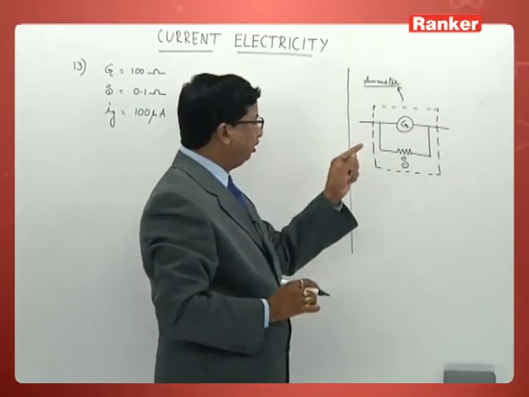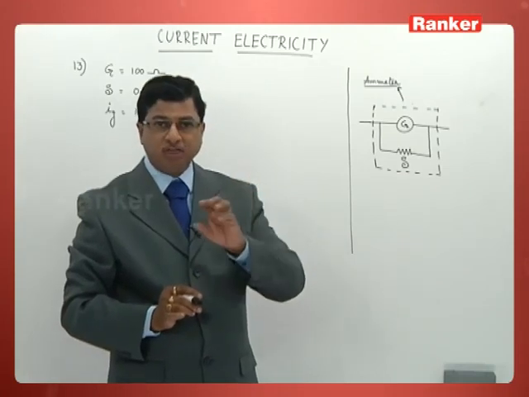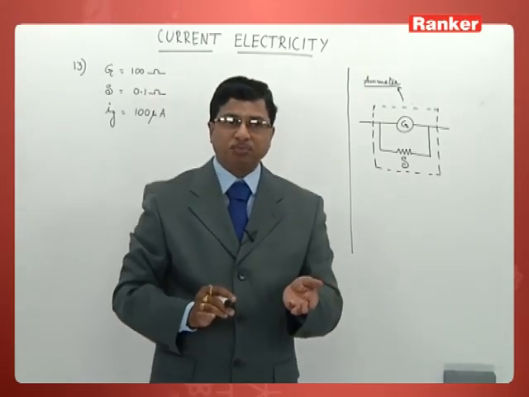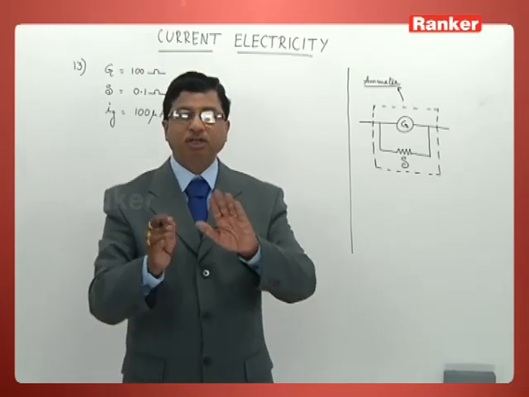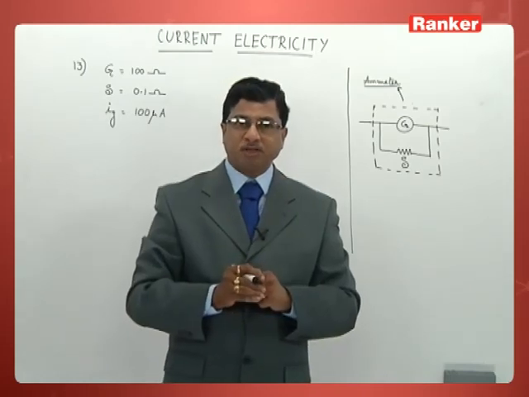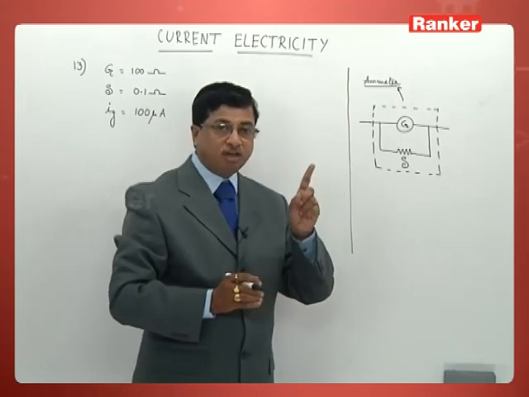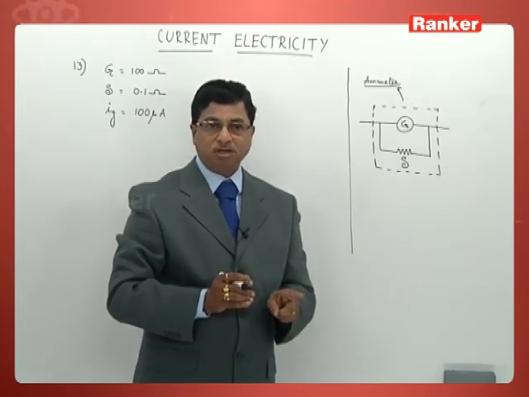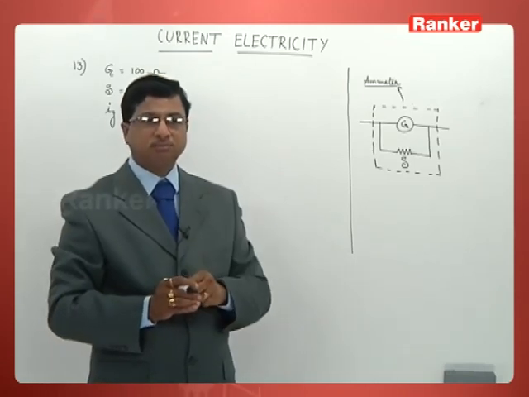So what do you find in an ammeter? A moving coil galvanometer shunted with a very low resistance will be converted into an ammeter. The criterion here is that the resistance connected in parallel must be as small as possible.